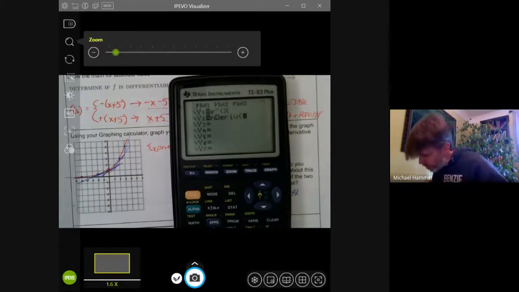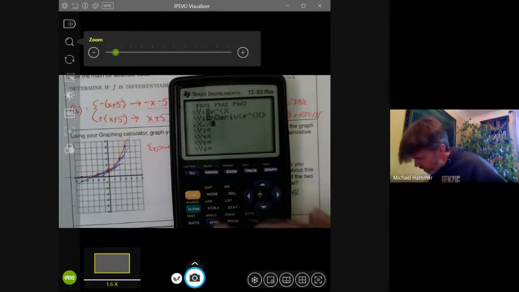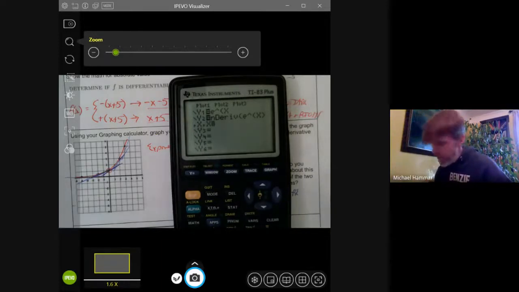And then what we're going to do is second e to the x. But remember, we're going to put what variable we want it to work with, so we're going to put x. And then what number do we want it to look at? Well, we want to look at all numbers, so we're going to do comma x, because that's going to check every x.